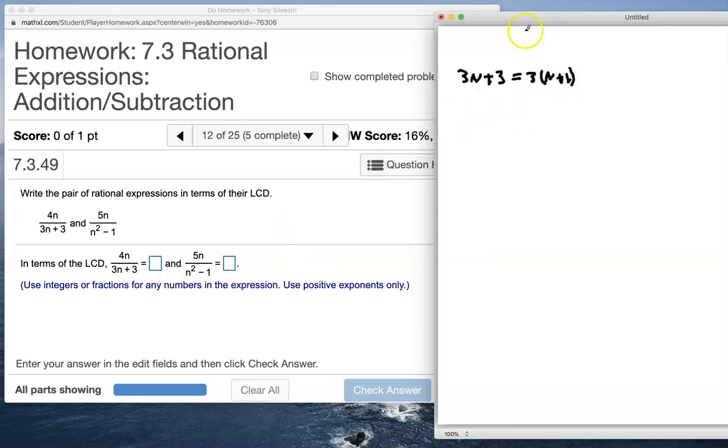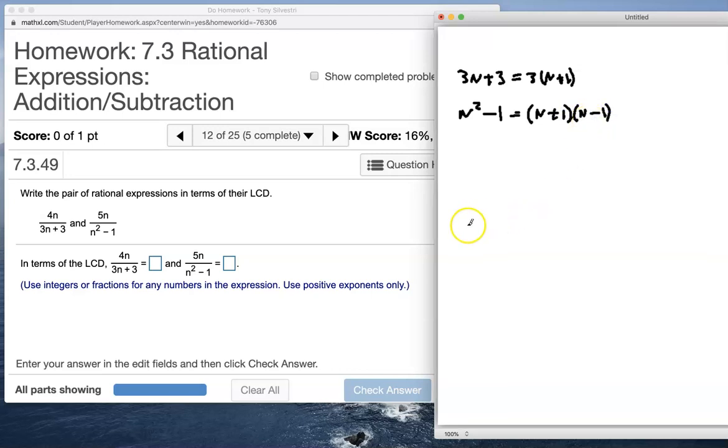And down here is n squared minus 1, and it's a difference of two squares: n plus 1, n minus 1.